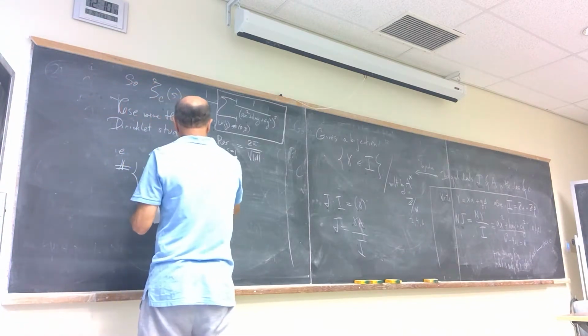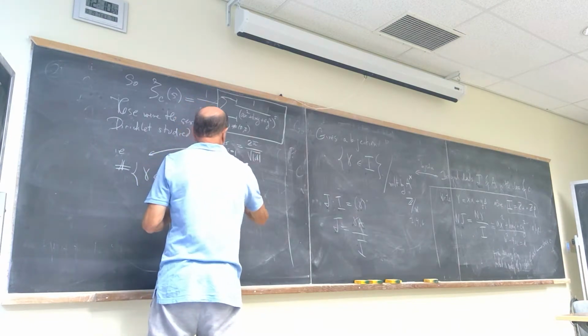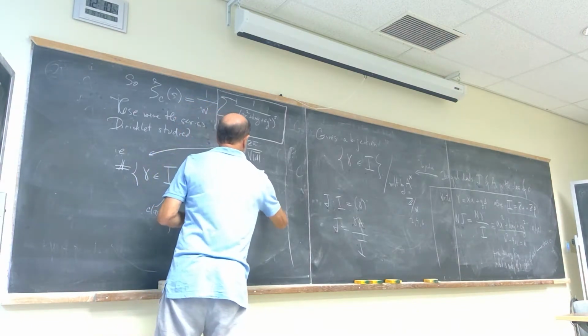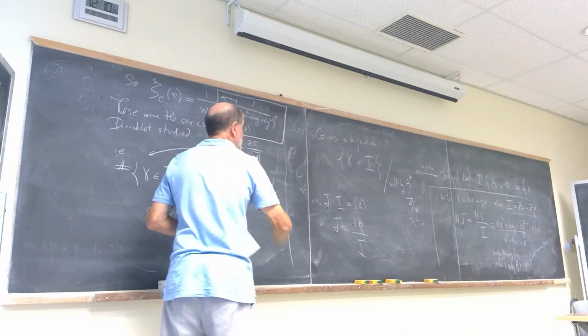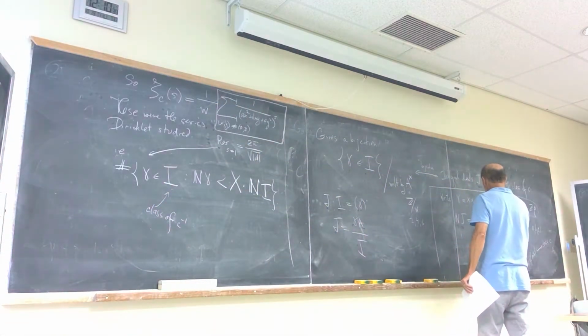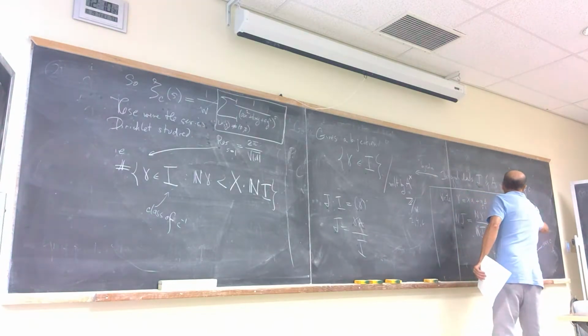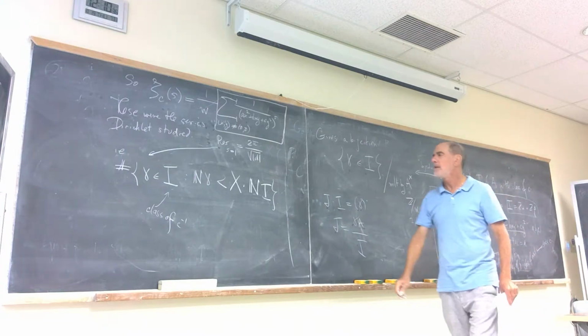Where the norm of gamma is less than x times the norm of I, because remember, the norm of the ideal is the norm of gamma divided by the norm of I. So the value of this thing is less than x.